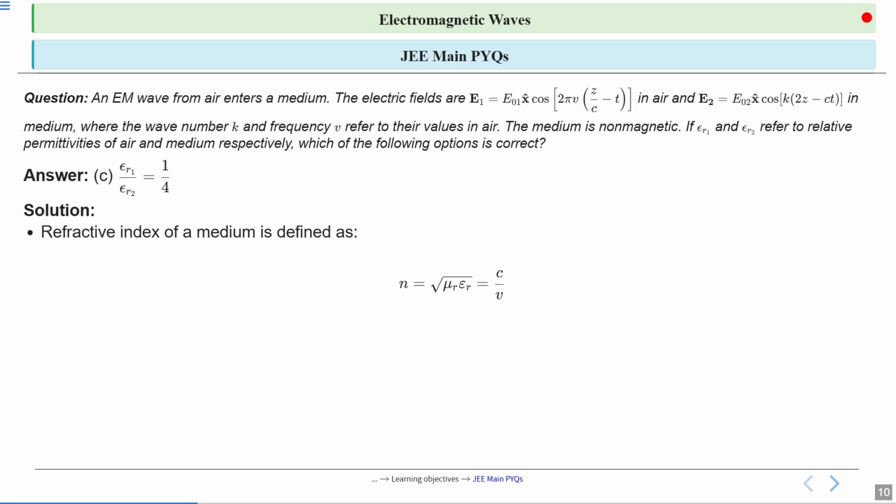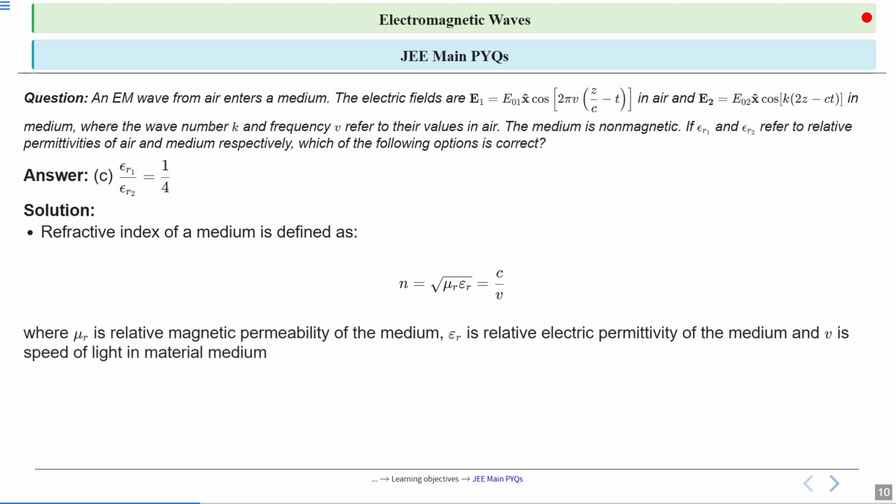It is also given by root mu r epsilon r. Mu r is the relative permeability of that medium and epsilon r is the relative permittivity of that medium, and v is the speed of light in the material medium.